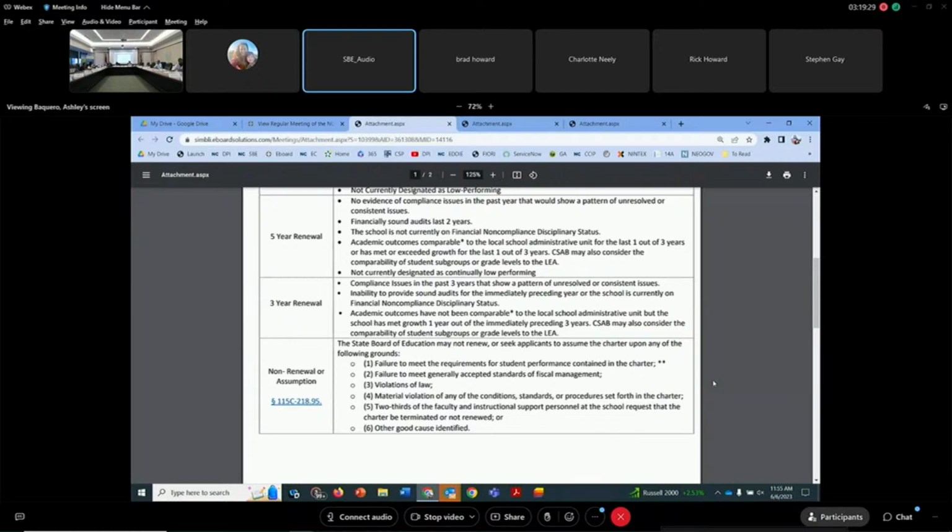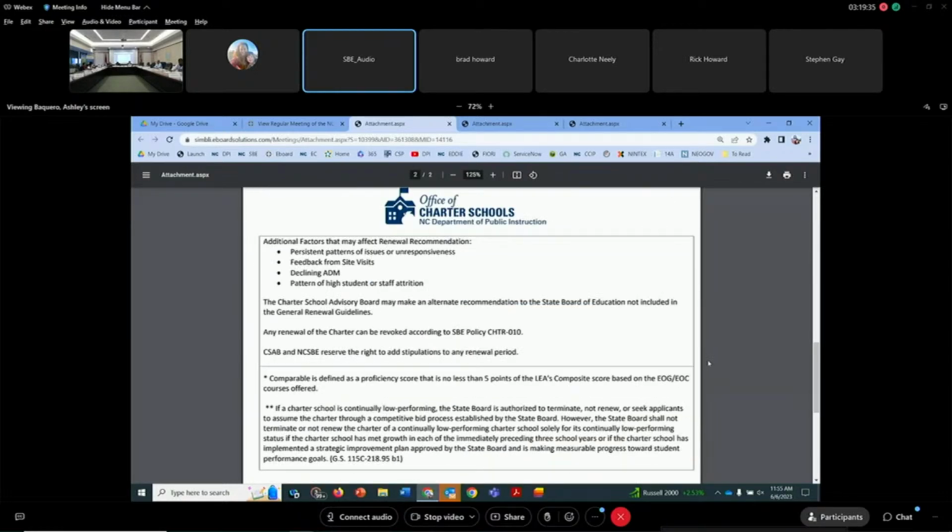And then on the 2nd page, originally on the original guidelines, you see that paragraph up there. I think that mostly got skimmed over. I'm not sure many people read that paragraph, so I just added those in bullet form on the 2nd page. So you'll see additional factors that may affect renewal recommendation.